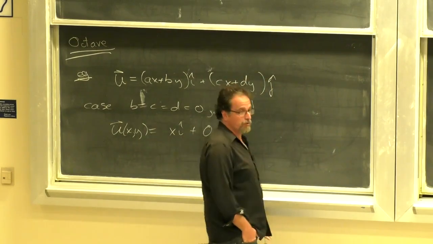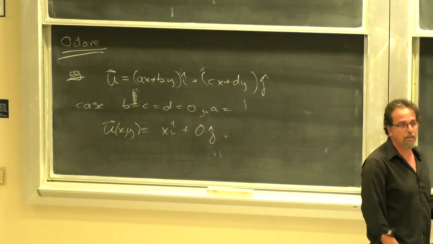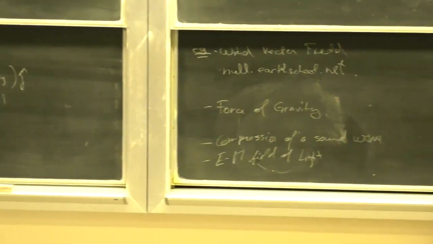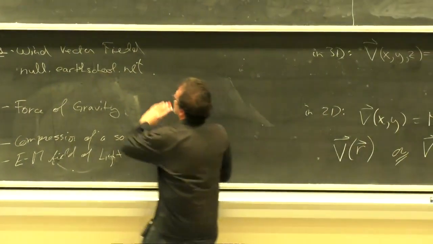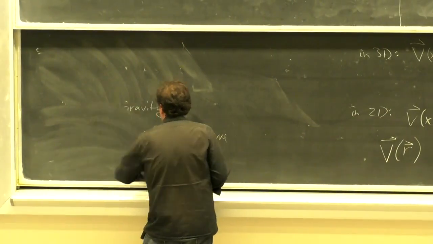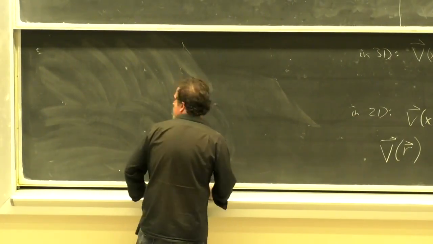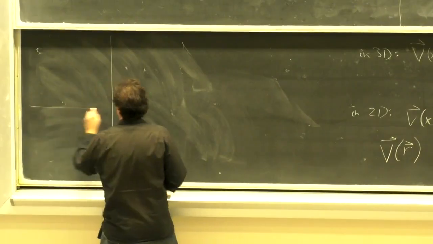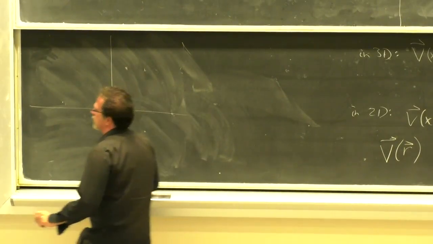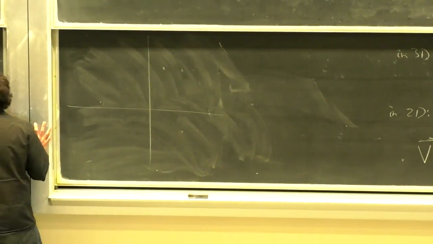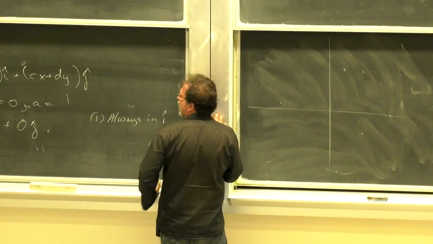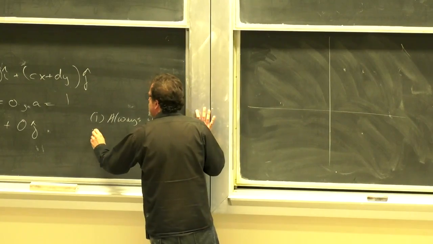So first thing you see, this is a vector field always pointing in the x direction. That makes it kind of easy. It's always pointing in the i hat direction. It doesn't depend on y.